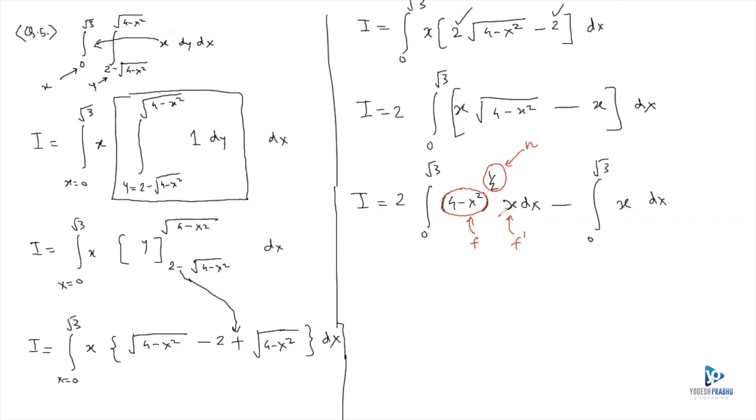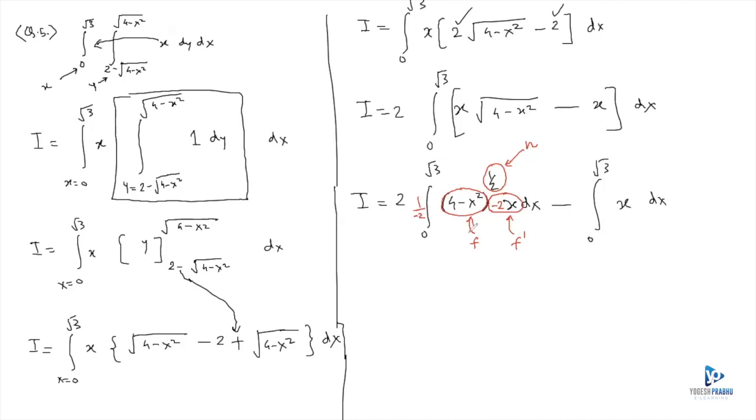No. So what is missing? f prime here is going to be negative 2x. So it's negative 2 I need here. Now is this f prime? Yeah. Should I adjust negative half here? Do you understand what I did?